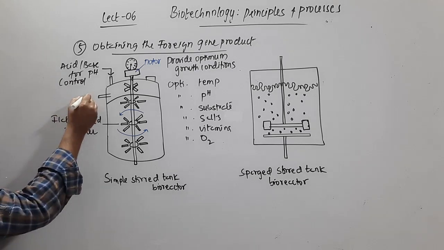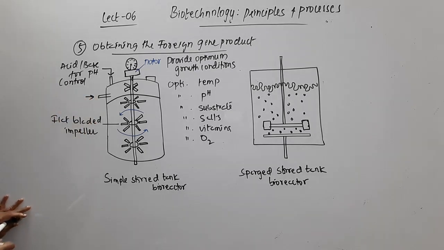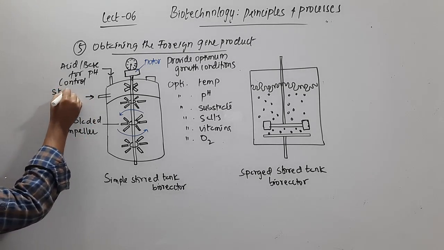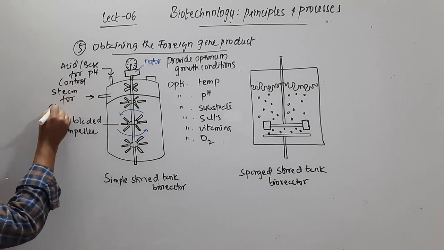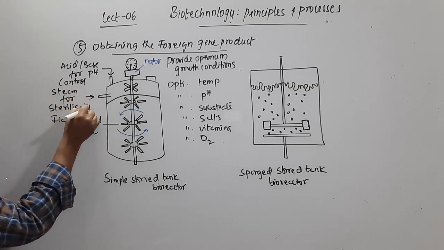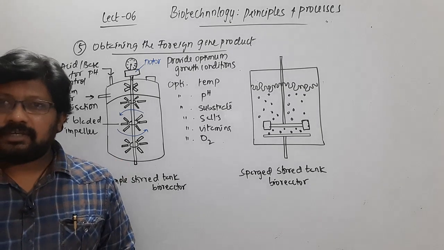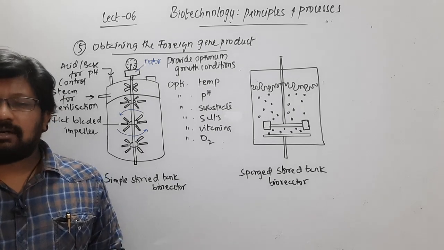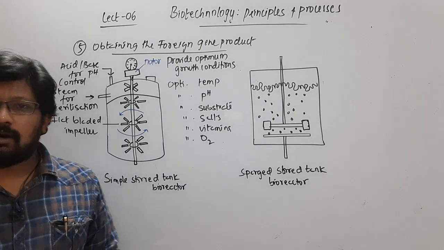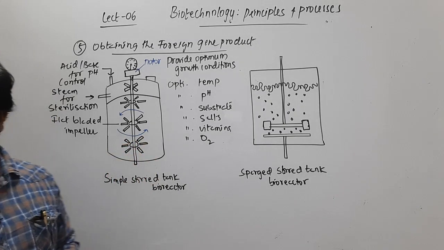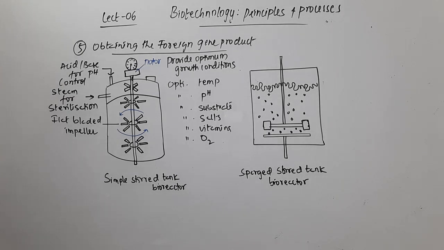Then here is an inlet for steam, for sterilization, to remove unwanted microbes that are not required. Whenever there is a nutrient medium, it will attract many other microbial organisms to grow on it, not just the intended organism that we would like to grow in this bioreactor.